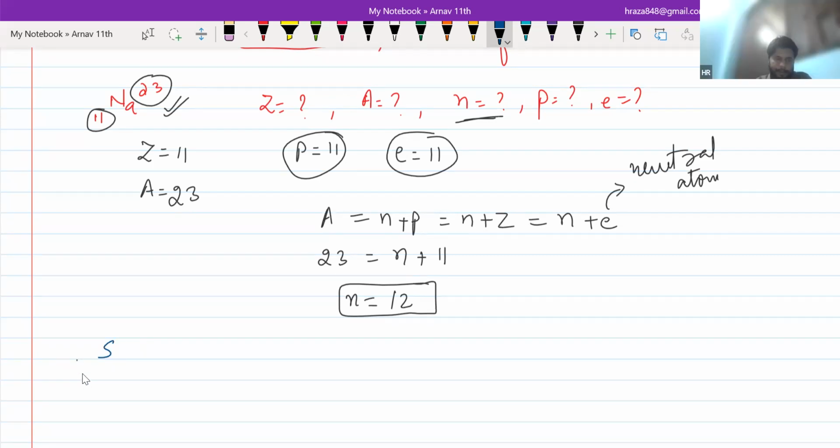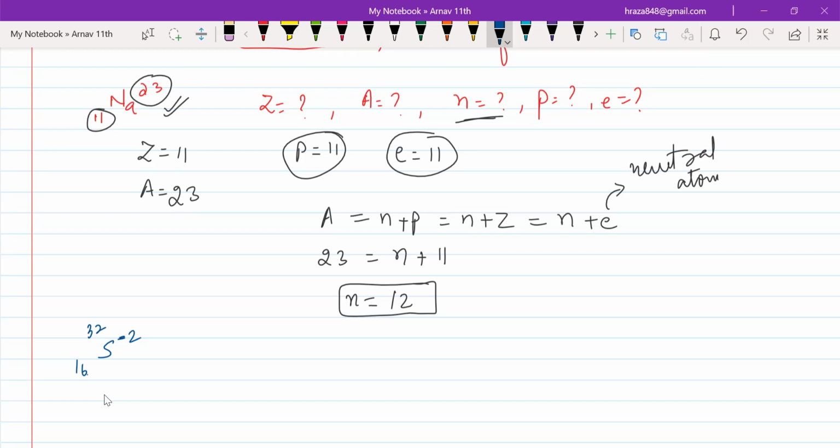So please find S minus 2, 16, 32. Sir, N is 16.